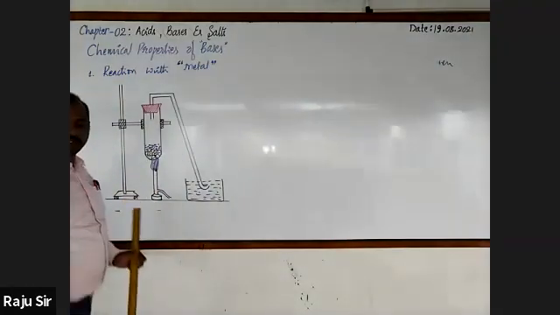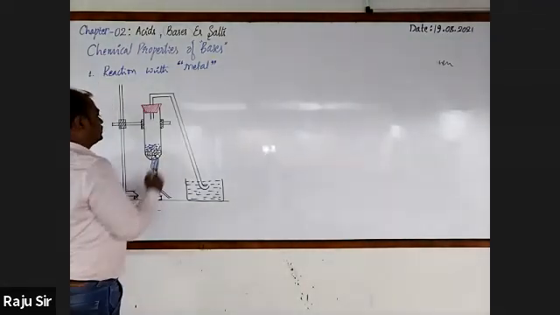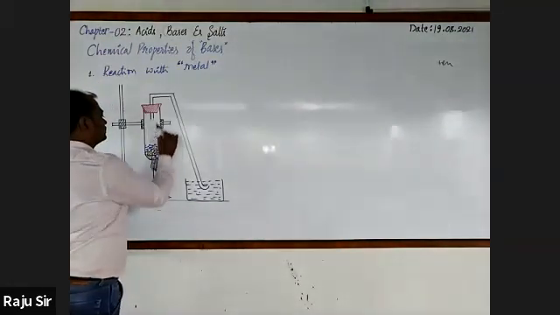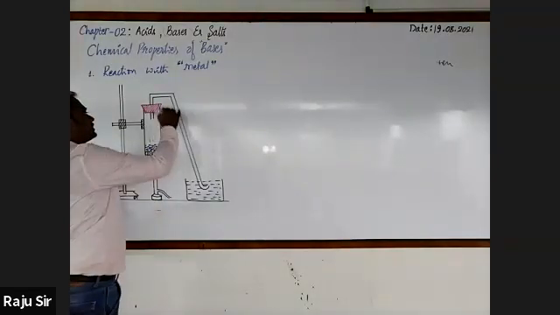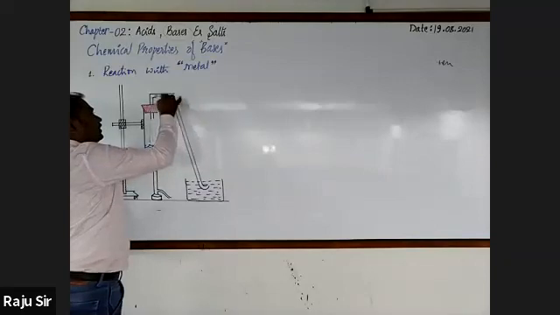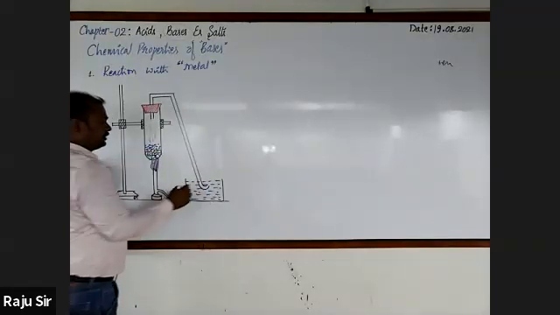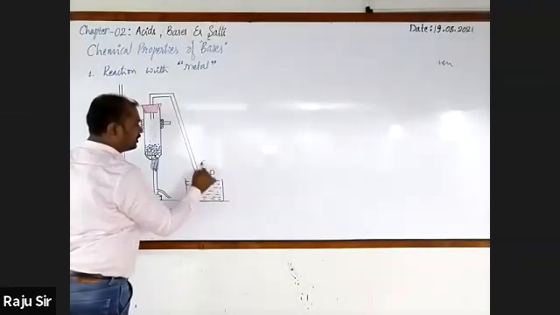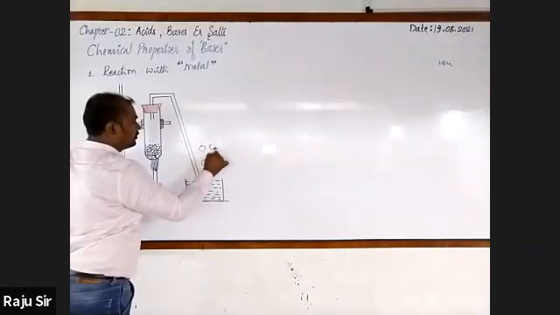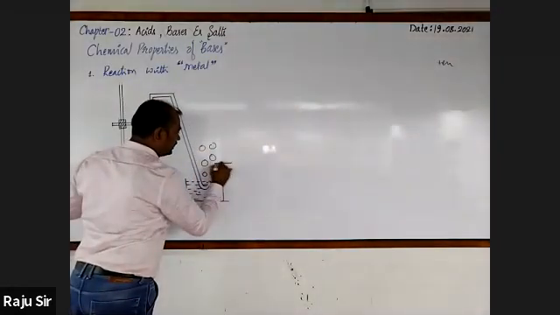Immediately we notice that a gas will be liberated. Let us show the liberation of the gas. Then this gas will pass into the soap solution through the delivery tube. Then gas bubbles are formed. Let us bring a lighted matchstick.